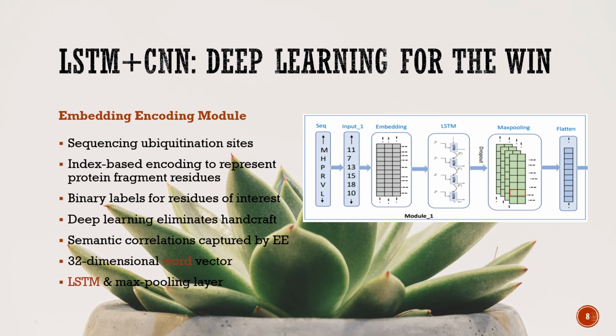So that's why they're calling this embedding encoding module. So the embedding is a vector, a 32-dimensional word vector, that they assign to each site and its relationship to that particular surrounding connections.